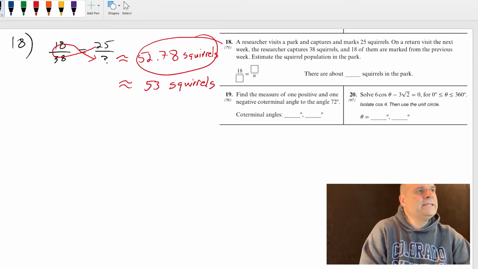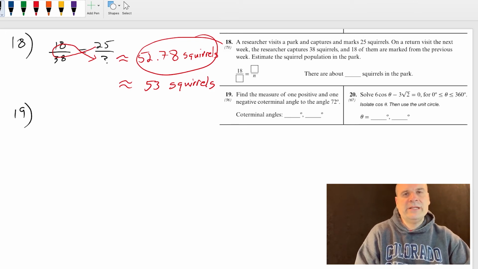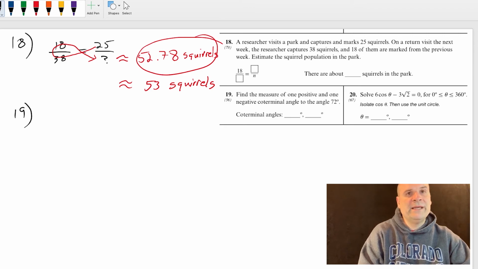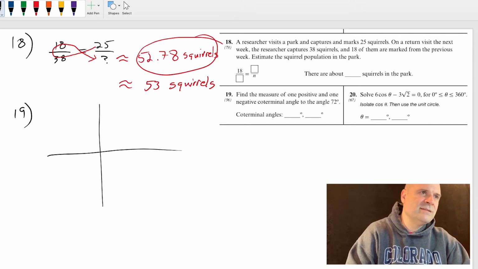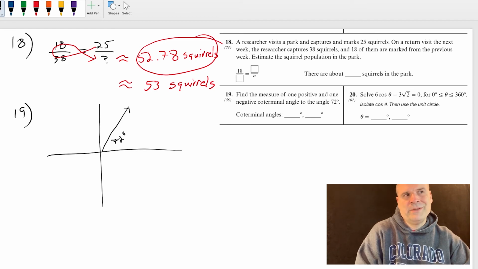Number 19. Find the measure of one positive and one negative coterminal angle to the angle 72 degrees. All right, so coterminal angles are angles that end up in the same place. So if this is about 72 degrees, what other angle ends up at 72 degrees?